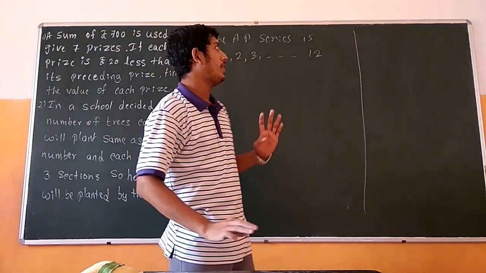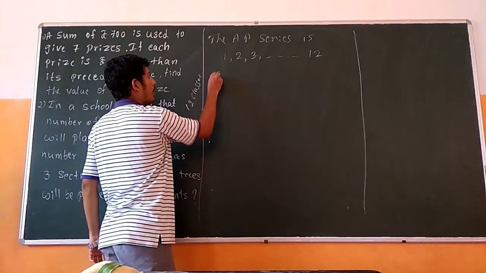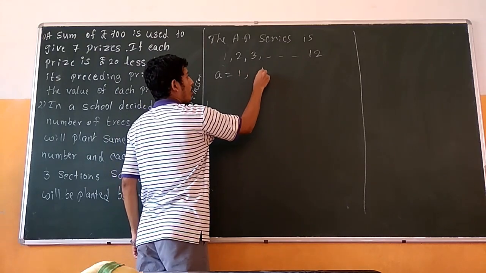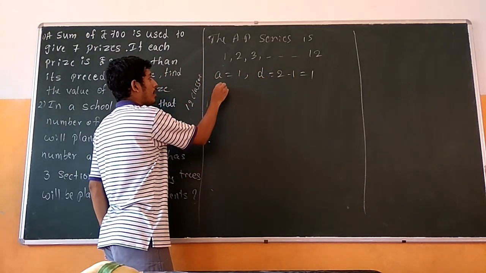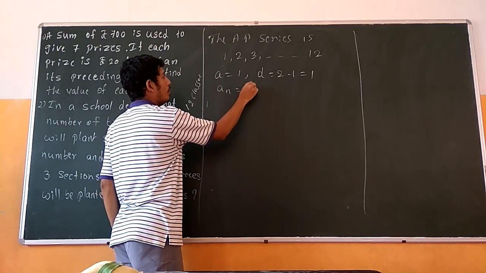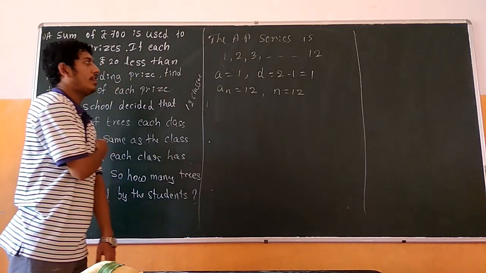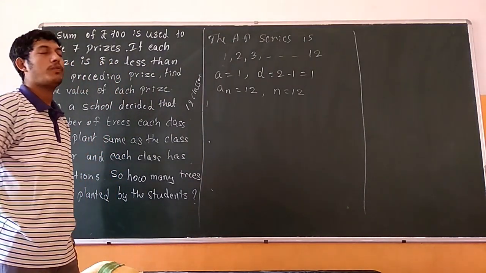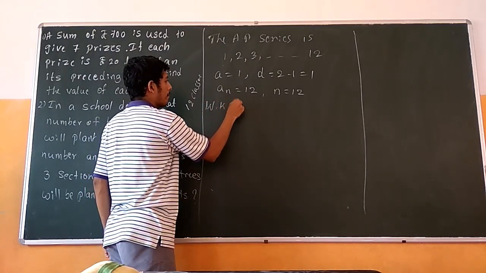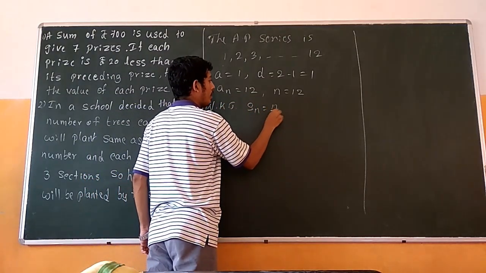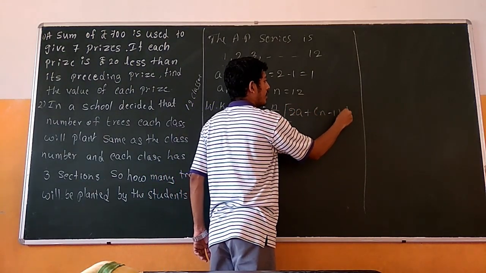So first I will take only the total number of classes present, and then by using this, the value of A is equal to 1, the value of D, 2 minus 1, is 1, then the value of An is equal to 12, n is equal to 12. So now I have to find the value of Sn. So we know that Sn is equal to n by 2 into 2a plus n minus 1 into d.